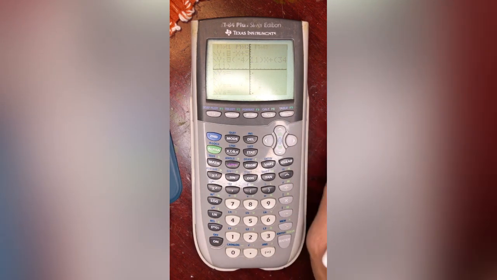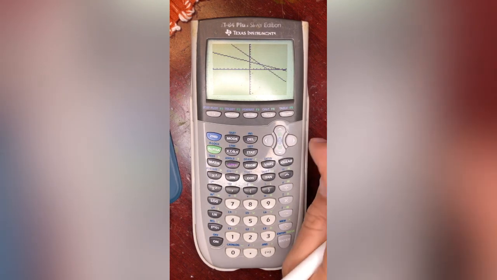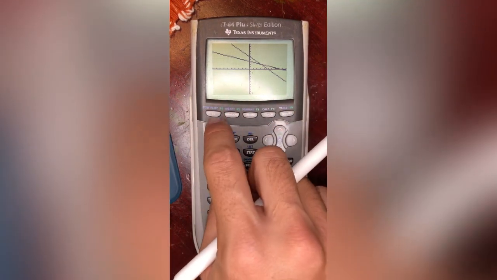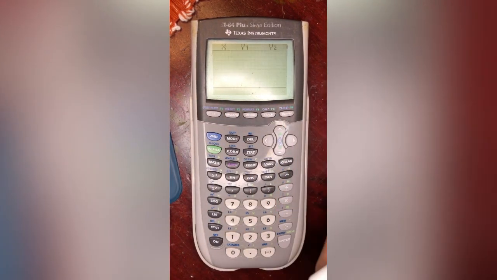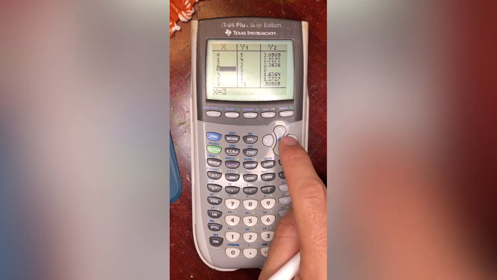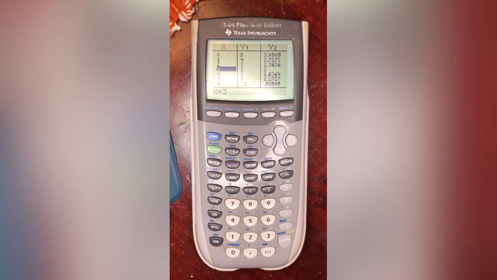Okay, and then I graph it. Let's look at our graph and see what the table looks like. If I go second and then table, it looks like 3, 2 is going to be my answer. So the answer is going to be 3, 2.